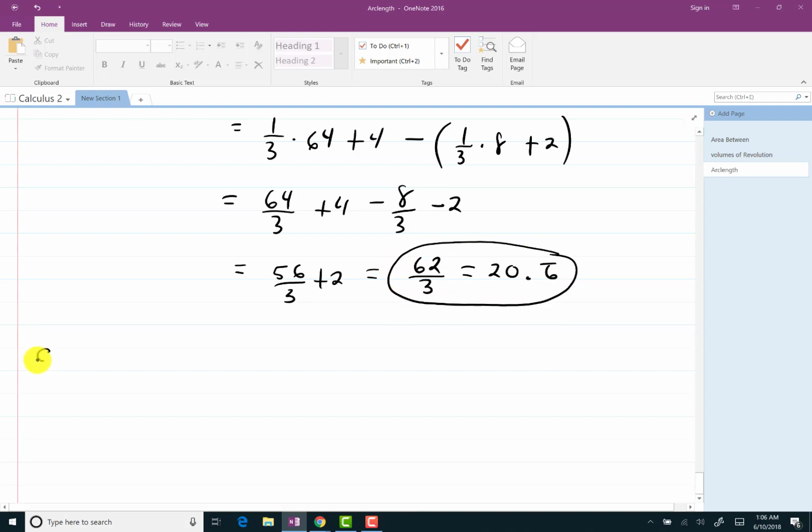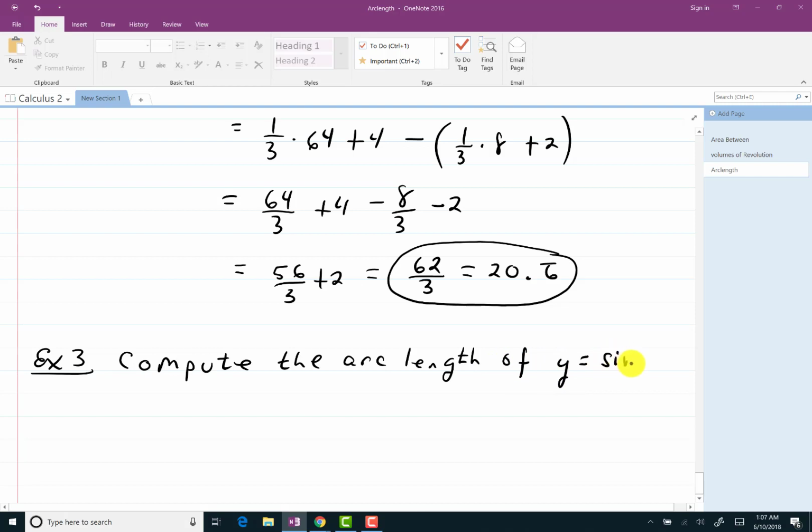For the next example, I'm going to look at one that you don't have the ability to do just yet. I'll show you, but you can get the answer anyways. So compute the arc length of y equals sine of x on 0 to pi.